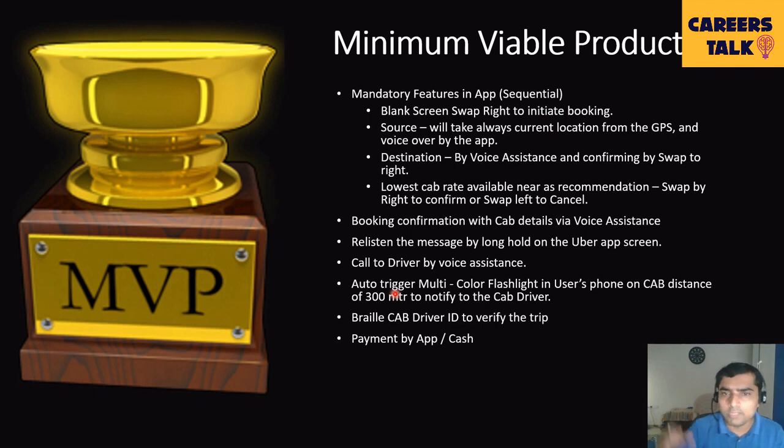This will work like this: when the cab approaches the blind person and is in a 300-meter range, which is configurable, we can plan later. Okay, this is just my idea here. So at 300 meters, when it is approaching the blind person, the phone of this blind user will vibrate and trigger the flashlight, with multiple colors.